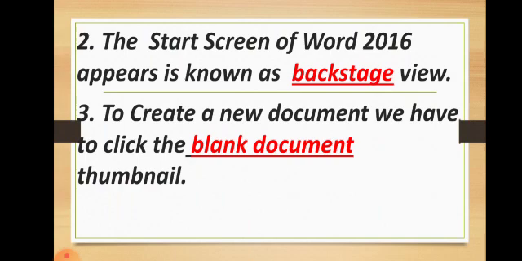the start screen of Word 2016 is known as backstage view. The start screen of Word 2016 appears as dash view: backstage view. To create a new document, we have to click on the dash thumbnail. To create a new document, what do we do?